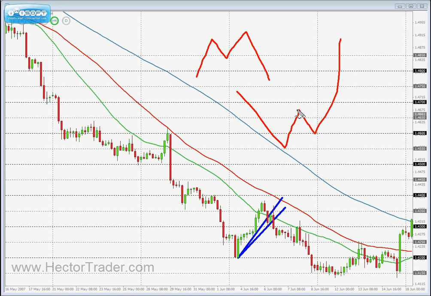Remember, entry as the aspect number 2 is taken, stop loss a few pips beyond the aspect number 3, always in the direction of the main trend, and always right off an area of heavy confluence or heavy support or resistance if you are in a downtrend.